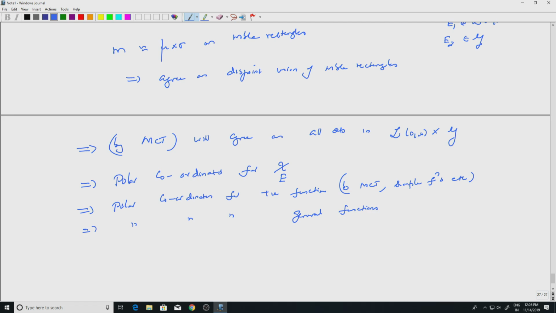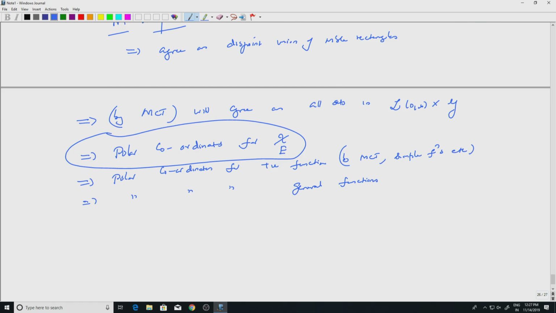The point I have not explained is that the measures agreeing is the same as polar coordinates for chi. That is something I will leave to you. You write it down: what does it mean to say that M and mu cross sigma agree on a set? This was the starting of Fubini's theorem, if you like.